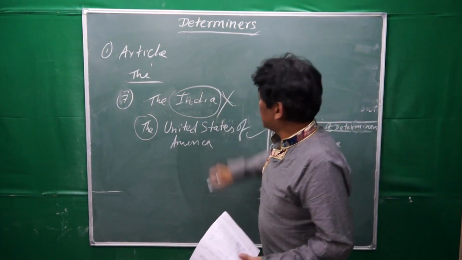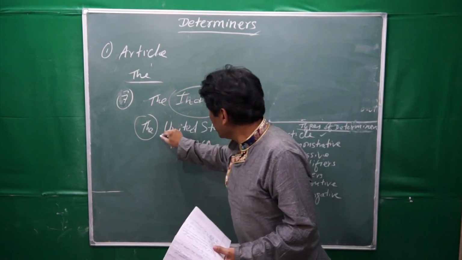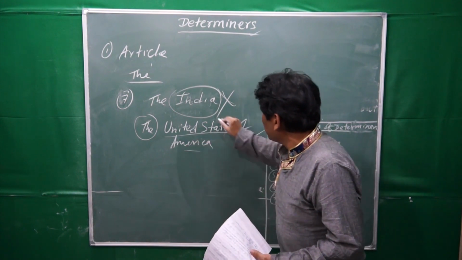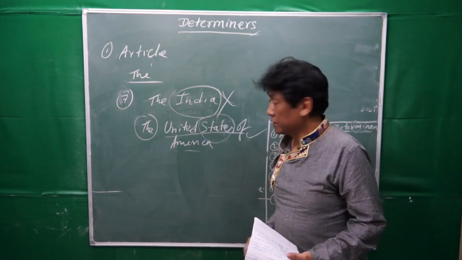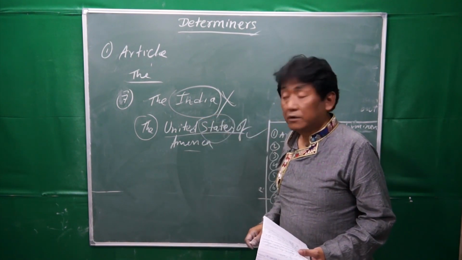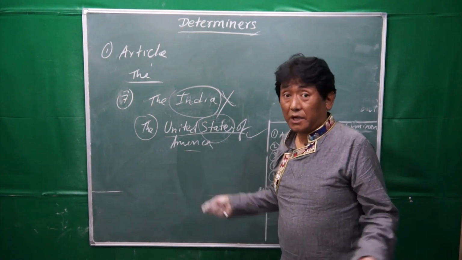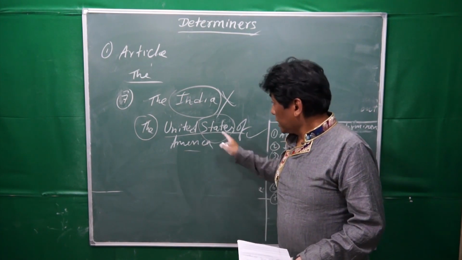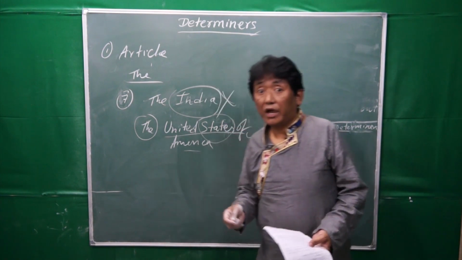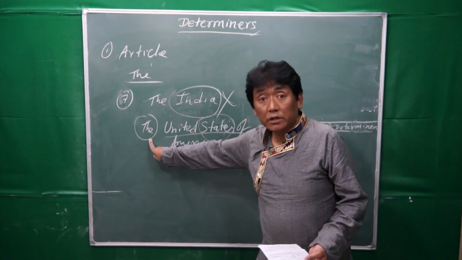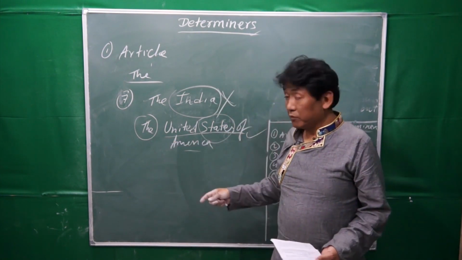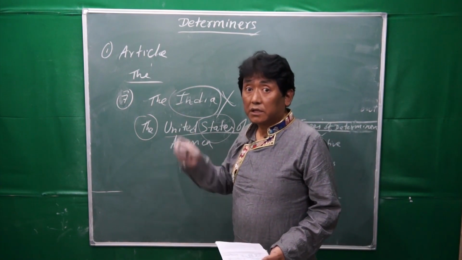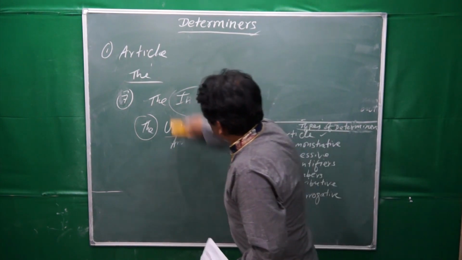Why? Because in this name, we have one common noun, that is States. United, of course, is an adjective. So if in a name we have a common noun, then we can write "the" in front of it. In the same way, we can write the United Kingdom also.